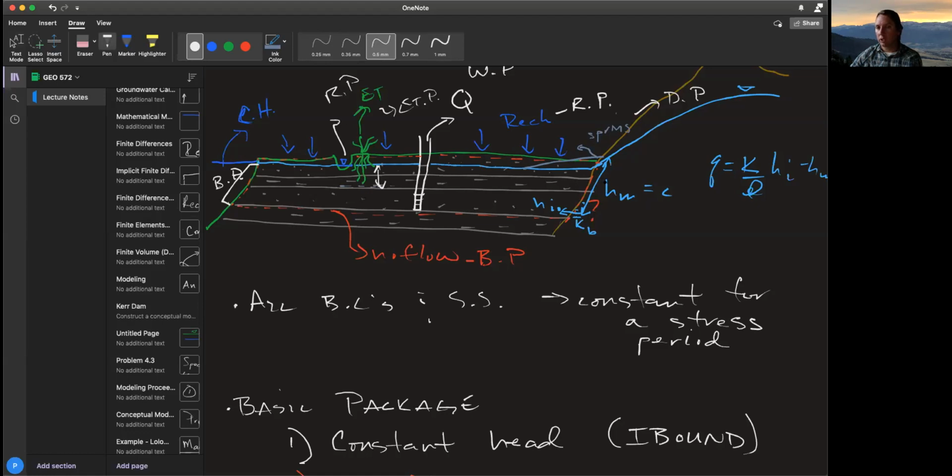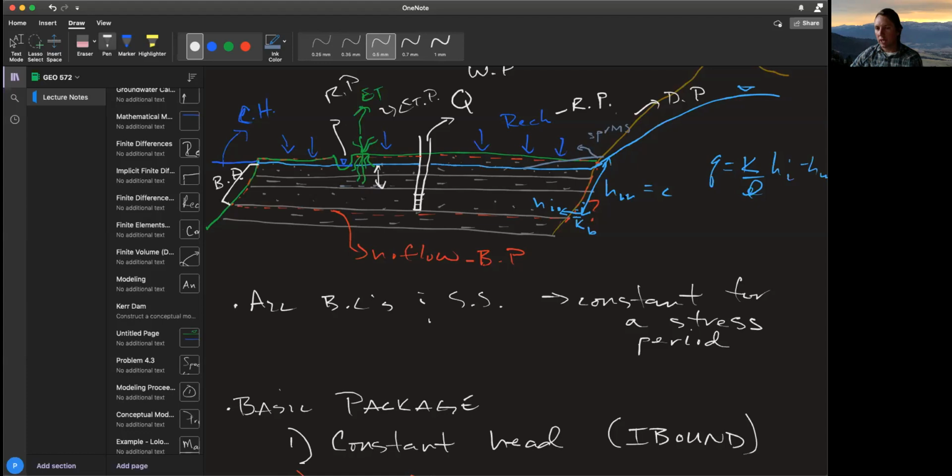One way we could do that is, for example, through the general head package, we could set the head really high, say 10,000 million feet, and the conductance to such a level that it doesn't matter what H is doing. The difference between H sub ijk and H sub m is always basically the same as H sub m.